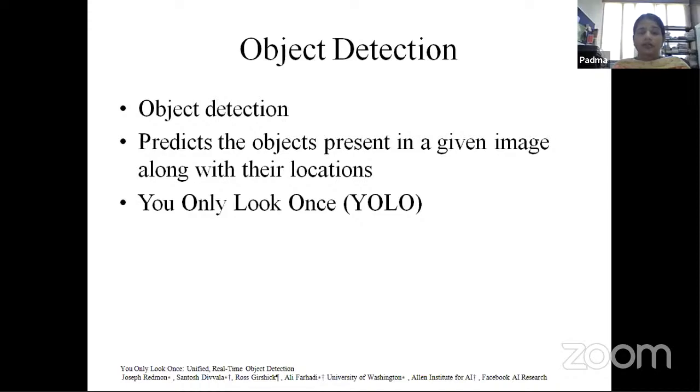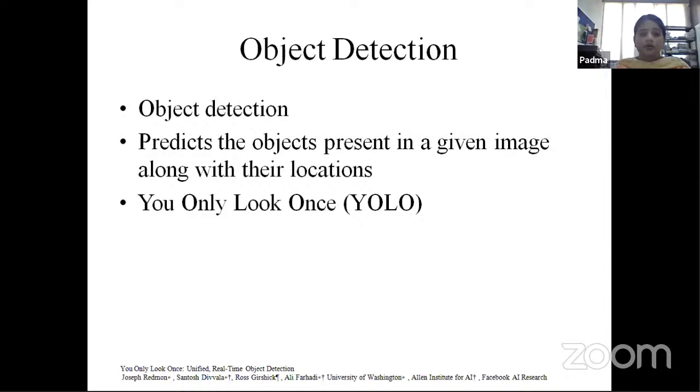In classification, given an image, we are able to classify which particular class that image belongs to. Suppose I want to classify the given input image into 2 classes, cat and dog. At test time, whenever I provide an input image which belongs to cat, then my model should be able to predict that this particular image belongs to the cat category, right? So there we were doing the classification part. Given an image, I am able to predict which particular class that image belongs to, right?